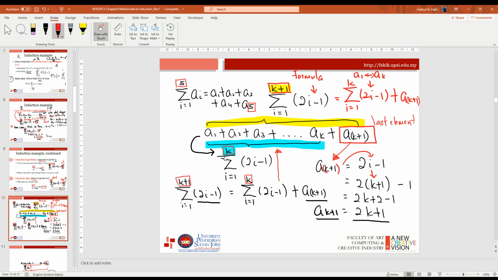Okay, this one is the a(k), this is the list for the k. And then for a(k+1), we replace the last element, and then we got 2k plus 1. Here, the total sum of i from k plus 1 to 2i minus 1 is equivalent to the sum of k of 2i minus 1 plus a(k+1), and then we got a(k+1) is equivalent to 2k plus 1.